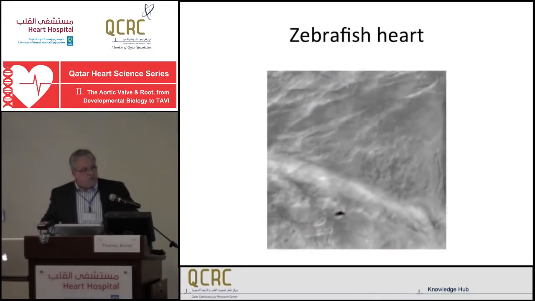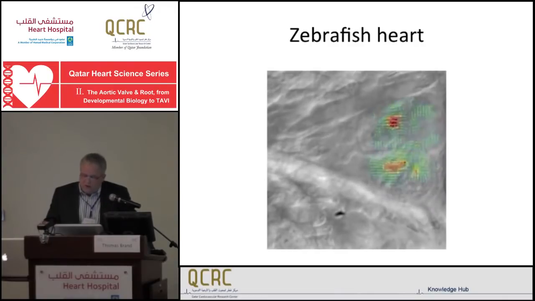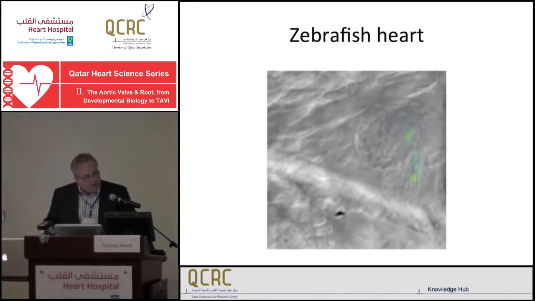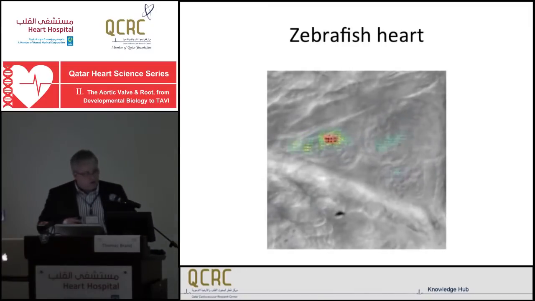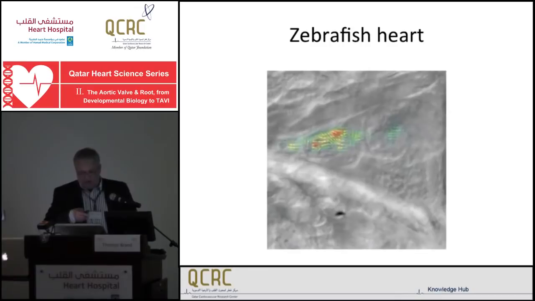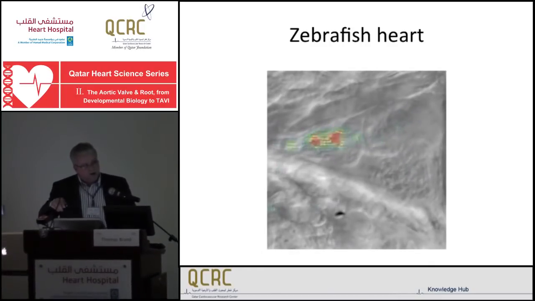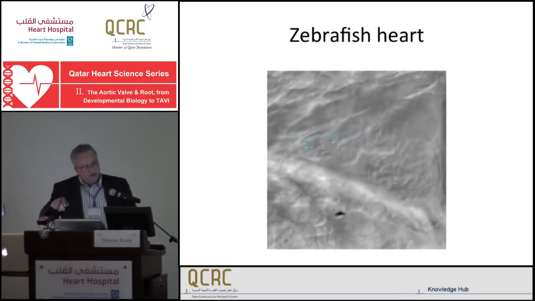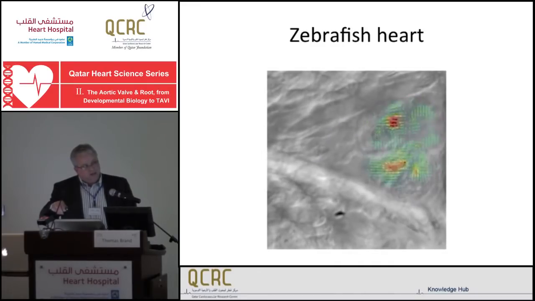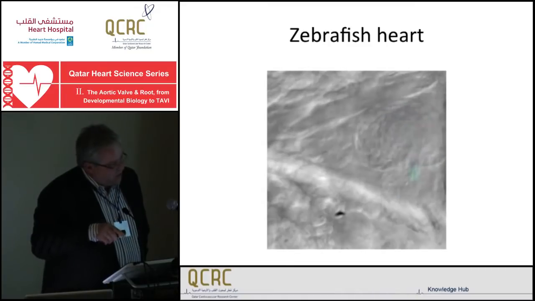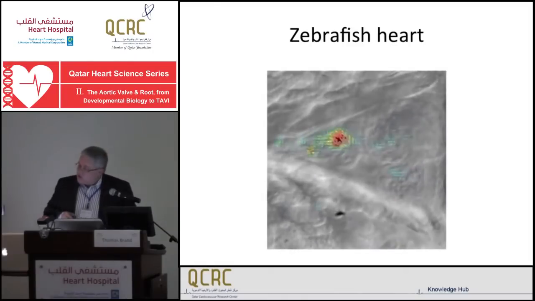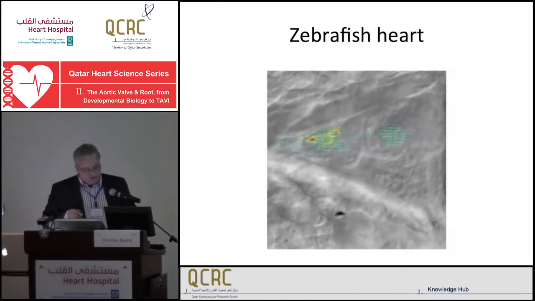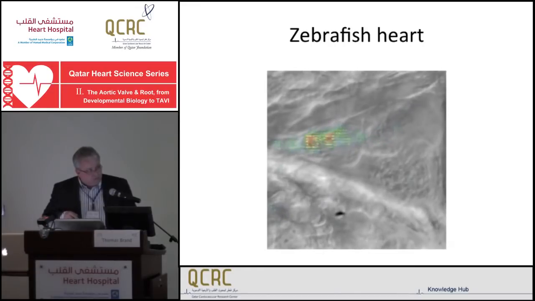To show you a little bit more about that, I'm showing you here a video from a zebrafish embryonic heart. It's a rather simple heart: here's the atrium, here's the ventricle, and here's the outflow tract, the bulbus. You can see here that the blood is most likely very informative for the endothelium and is certainly a morphogenetic factor for generating valve structures.